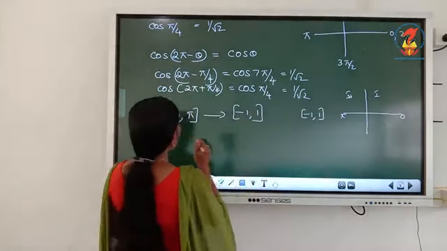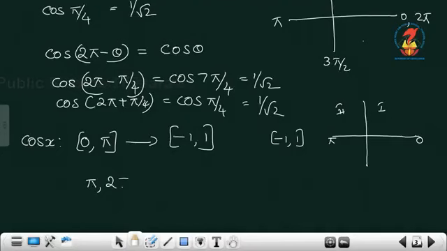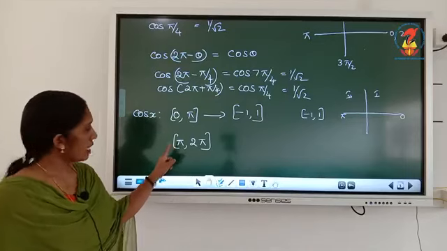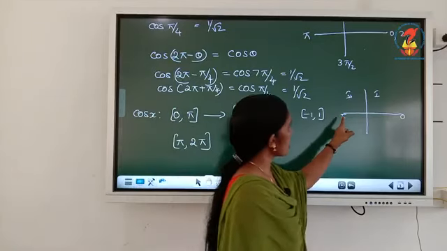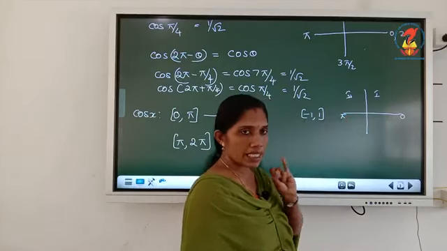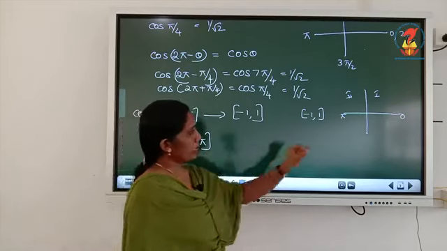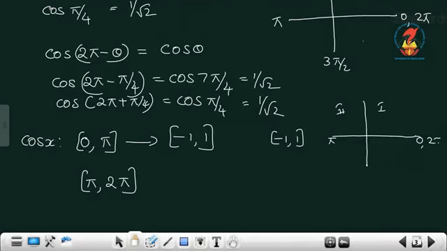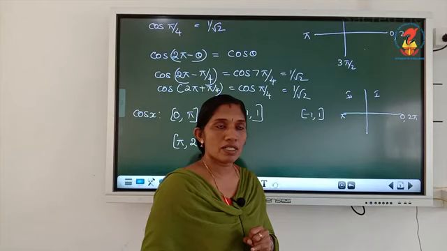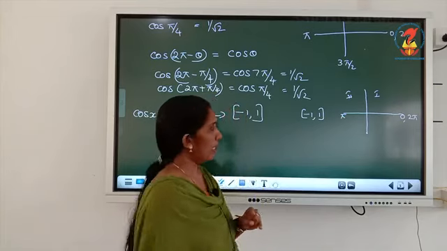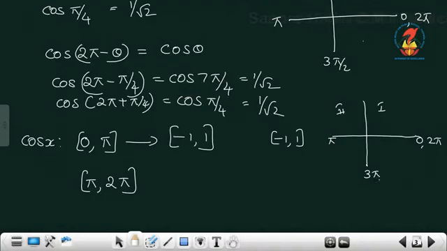Another interval is, look, pi to 2 pi. Okay, pi means 180. What is cos 180? Cos 180 is -1. Then 2 pi is 360. Here 2 pi, cos 2 pi is equal to 1. And this value is 3 pi by 2.